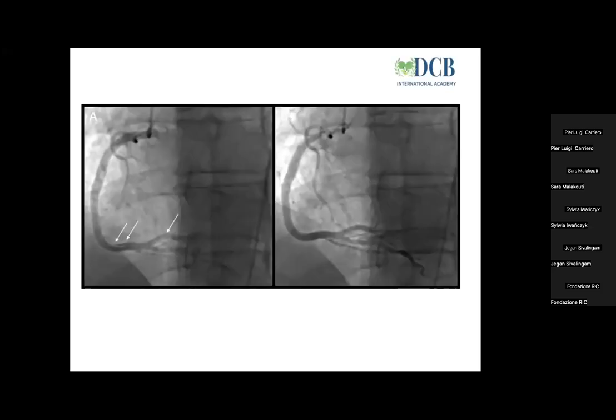The second one, if anyone can comment. Oh, wow. Is this after POBA or just spontaneous? Just a cardiac cath. It looks like a similar coronary artery dissection, and there is a filling defect, like a linear spiral clot formation in the coronary. But still, in the second image, I am surprised at how it is healed.